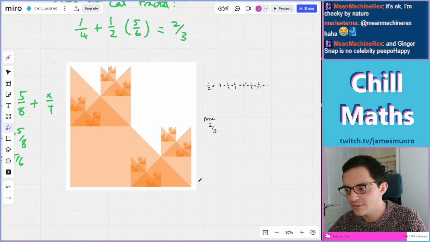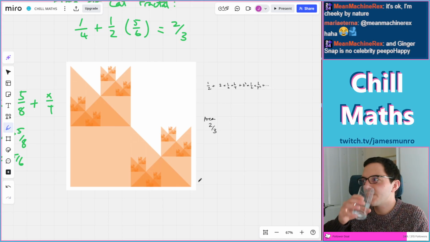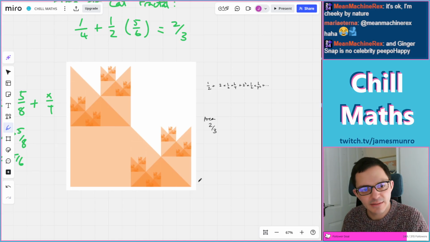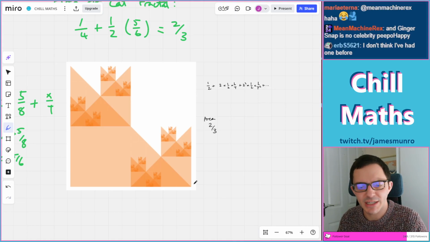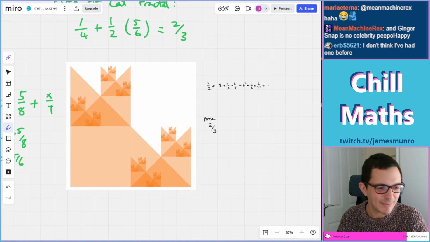I don't know. Ginger Snap was the winning biscuit last week. That's a good biscuit. I like a Ginger Snap. My students are already keen on Kit Kat Chunky, which is a thing. Did I say that last week? That's the sort of thing I say a lot. It surprises me a lot how keen they are on Kit Kat Chunky. Possibly because that's what I give them. I gave them Kit Kat Chunkies one time.